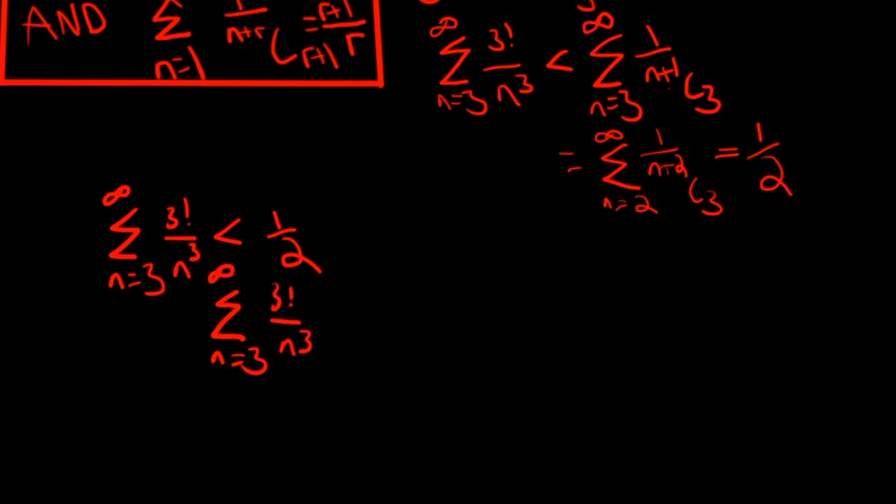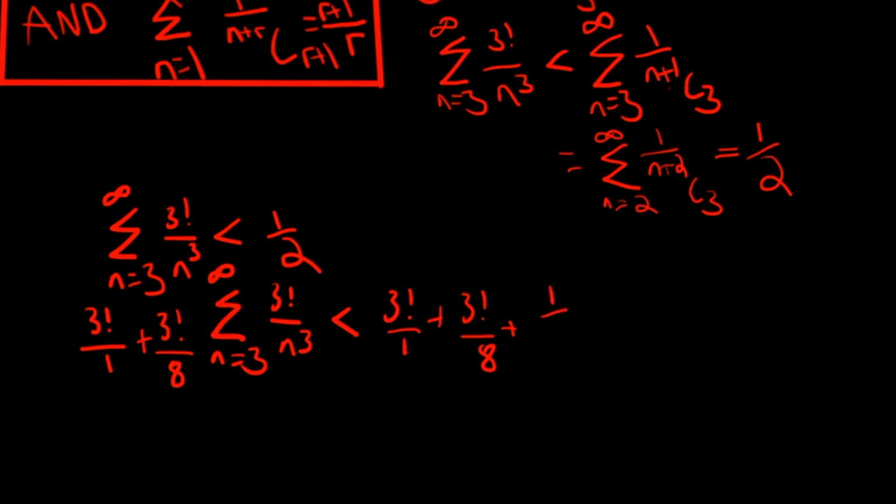I'm just going to write the terms here actually. So 3 factorial over 1 plus 3 factorial over 2 cubed, which is 8, is less than 3 factorial over 1 plus 3 factorial over 8 plus half.